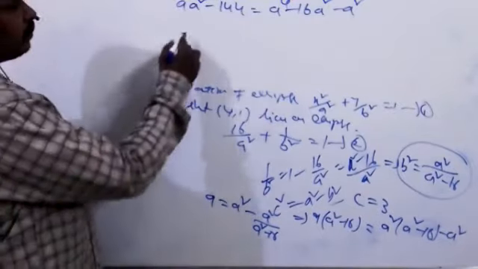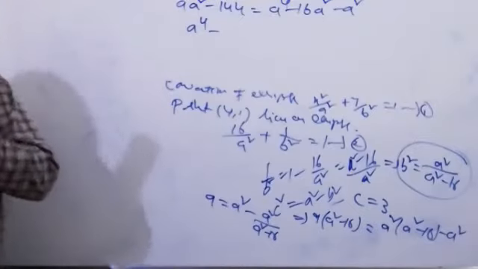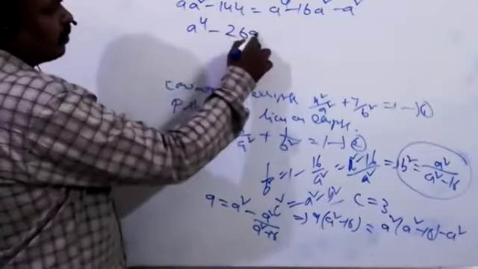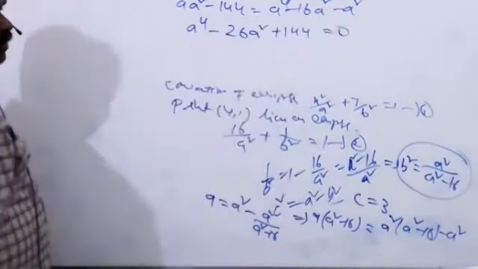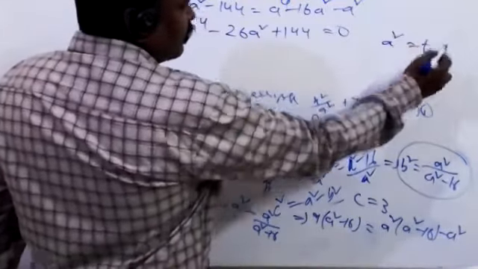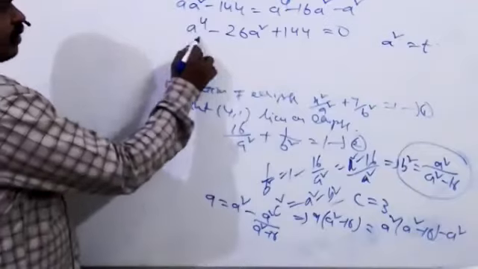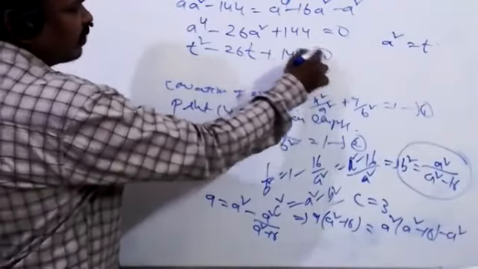Now here a power 4 minus 17a square, here 9a square, minus 26a square plus 144 is equal to 0. Then here a square is equal to t. Now t square minus 26t plus 144 is equal to 0.